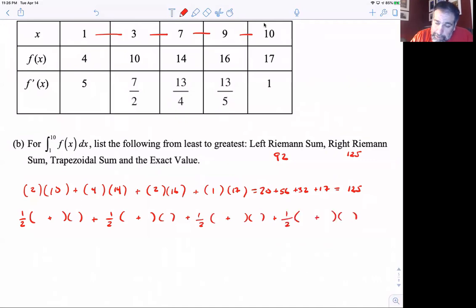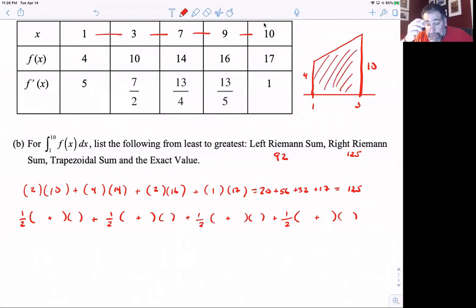But in this particular example, what you have to realize, and I'm just going to draw one real quick trapezoid here, the one that starts at 1 and ends at 3. We've got a function value going up a height of 4, and then we've got a function value going up a height of 10. The way we're going to make our trapezoid is we are going to connect them like this. So this will be the area that we're talking about from 1 to 3.